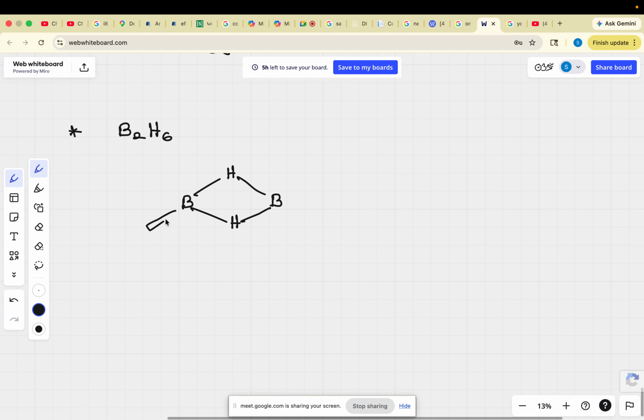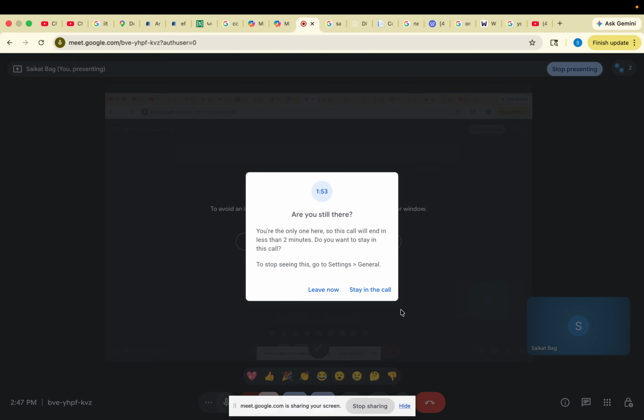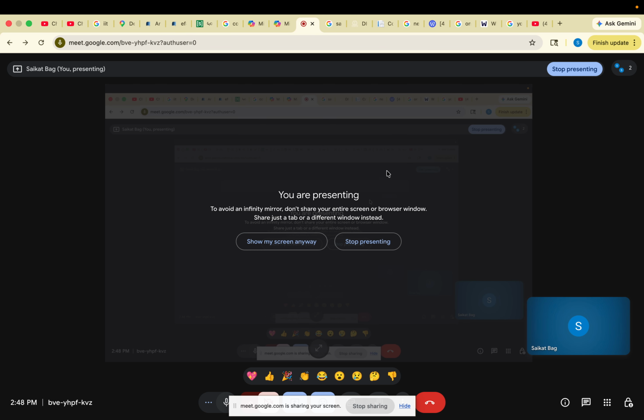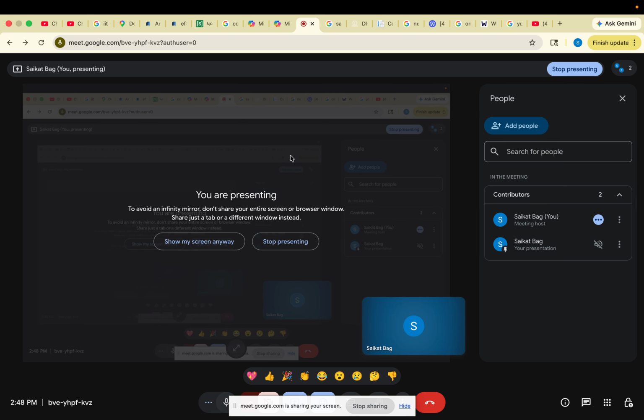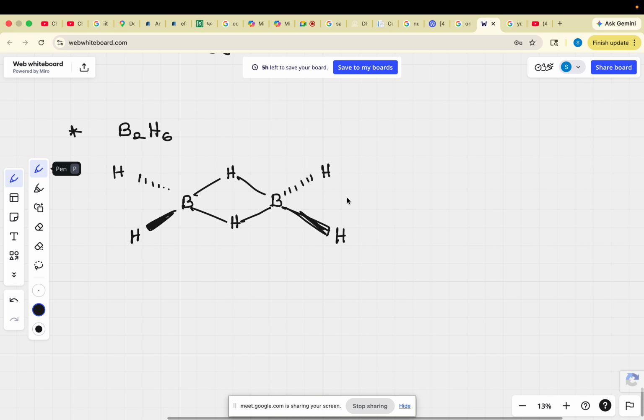Now above the plane you have hydrogen, below the plane also you have hydrogen. So this is your B2H6 unit.